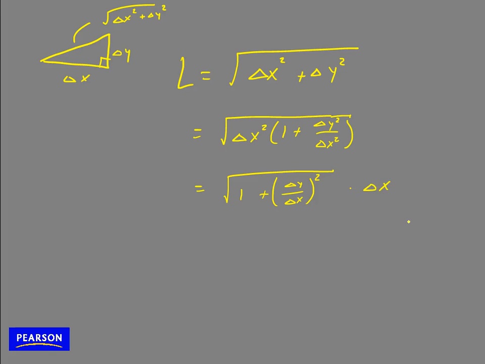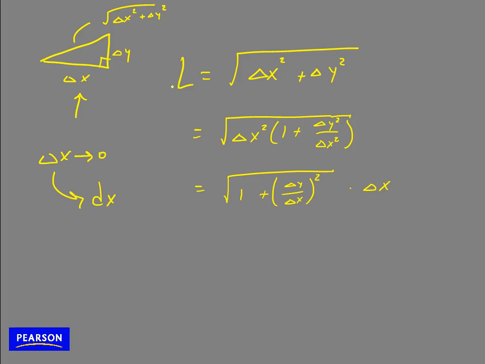Now, knowing what we know about integration, you can see what's coming. This is an approximation for an arbitrary partitioned portion of the x-axis. Let's take this delta x and have delta x approach 0. When it approaches 0, it approaches the differential dx.